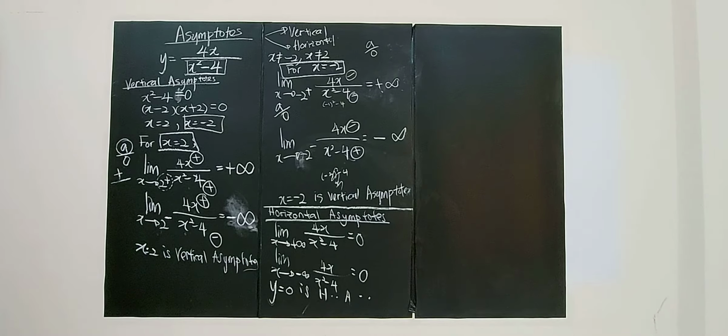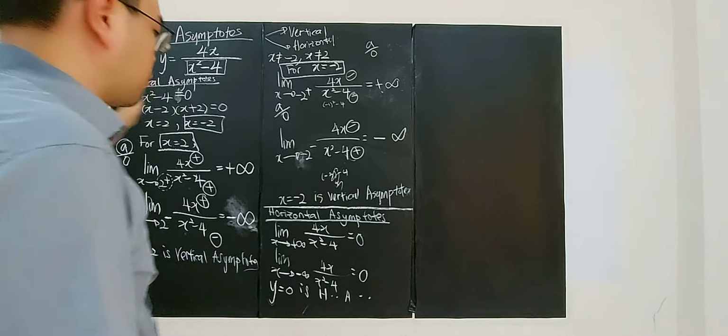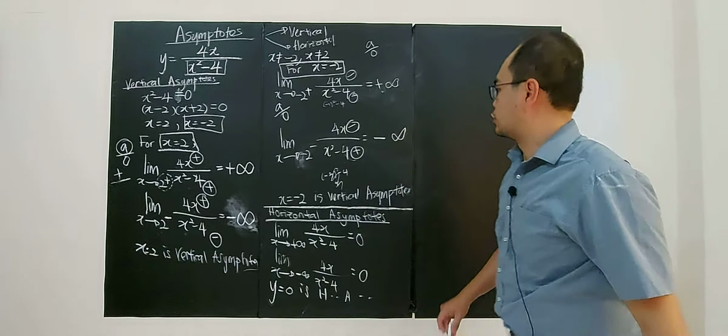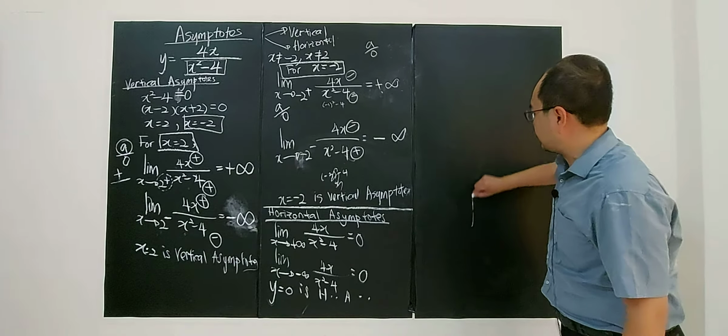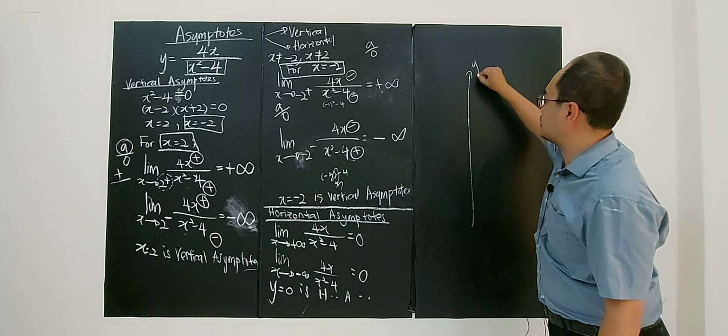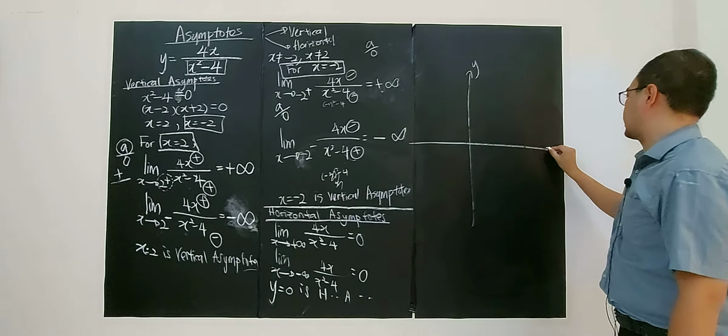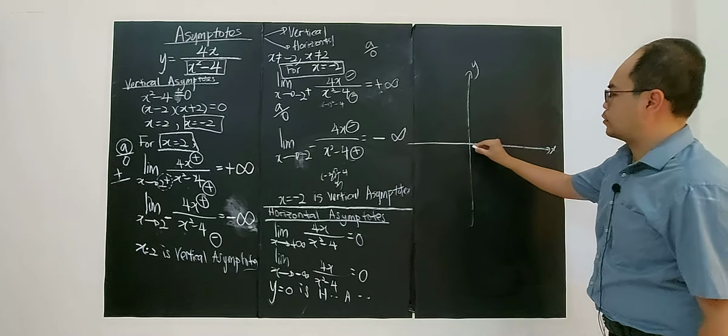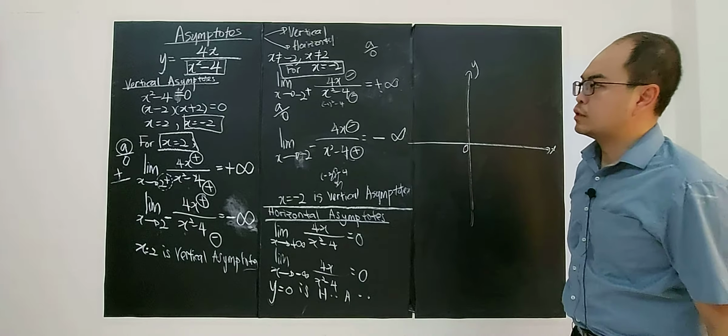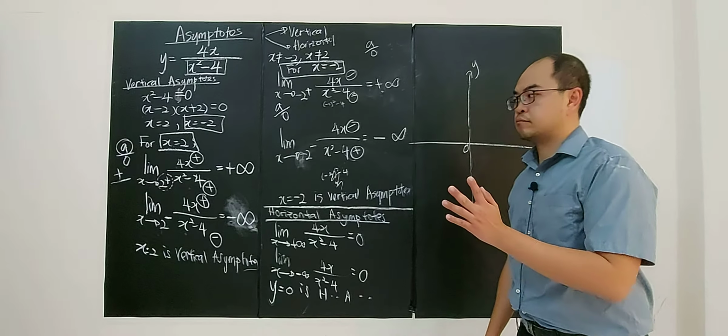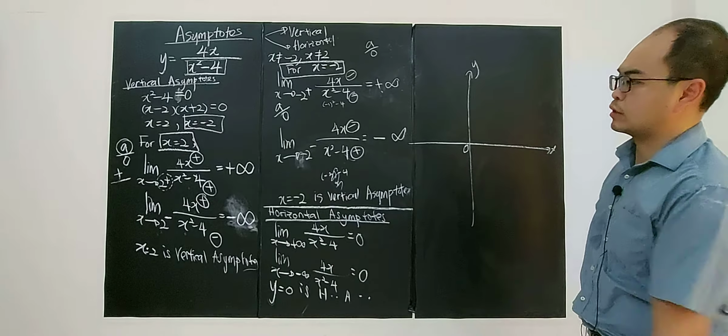In this section, I'm going to teach you how to sketch the graph by using all the information here. Of course you need axes, the y-axis and x-axis, so you have 0, the origin. Then put all the asymptotes onto the graph.